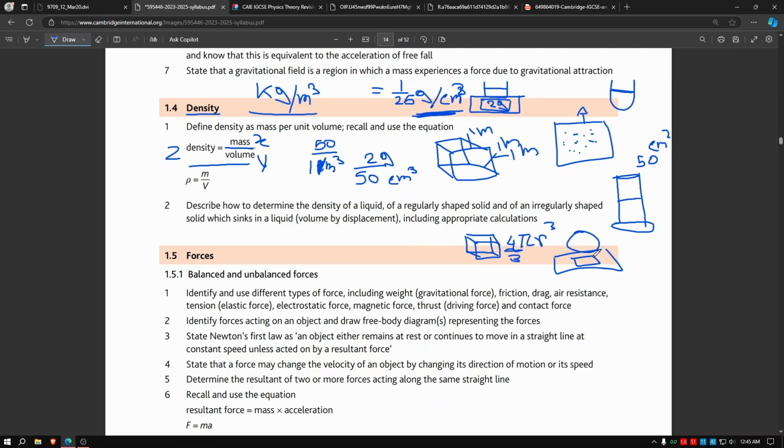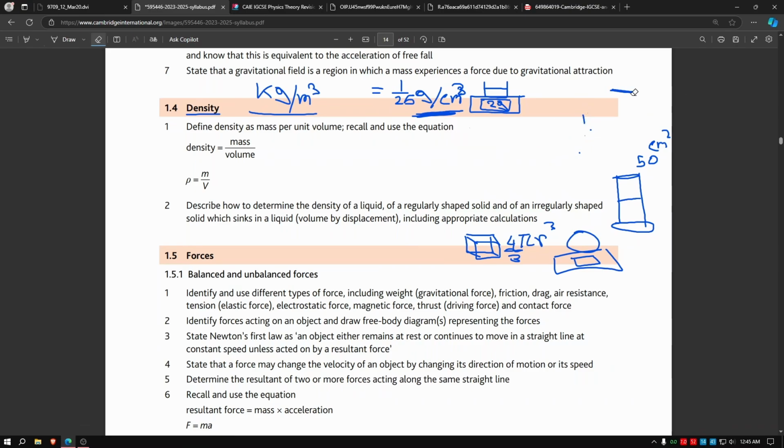Then you can find out the density using this formula. This is what they mean by a regular solid: it has a formula for volume and surface area.